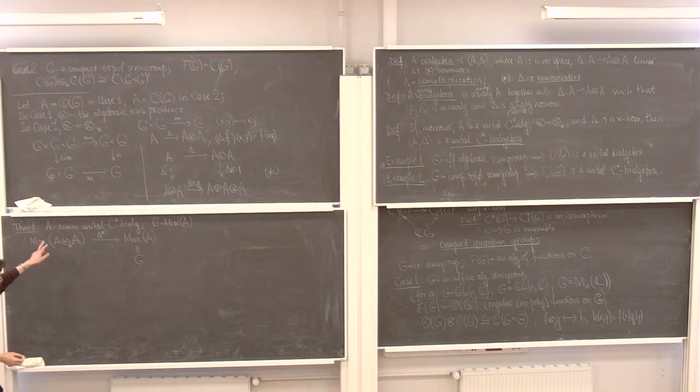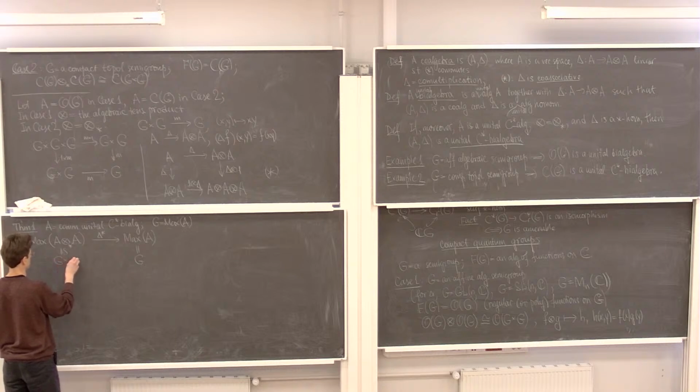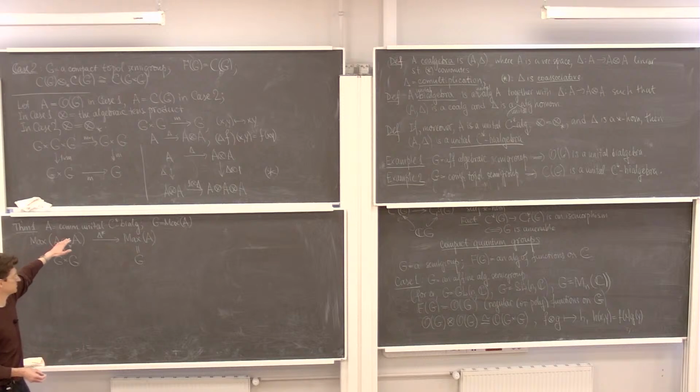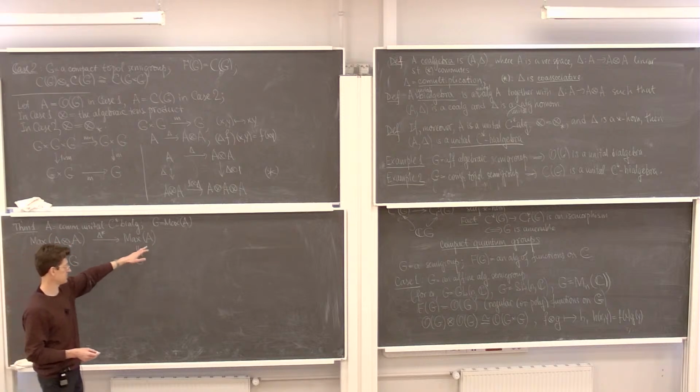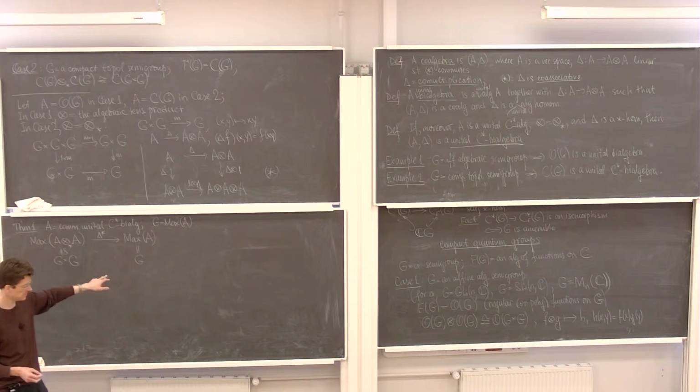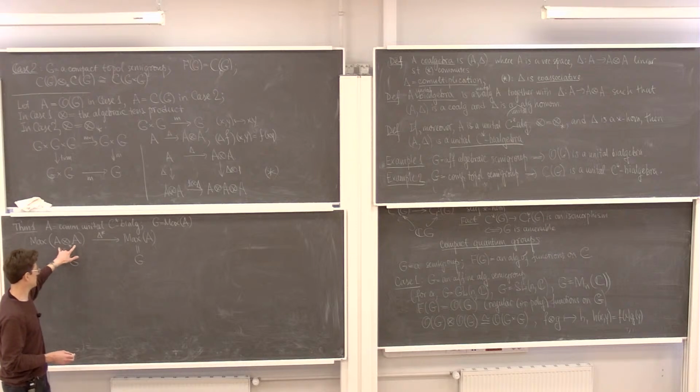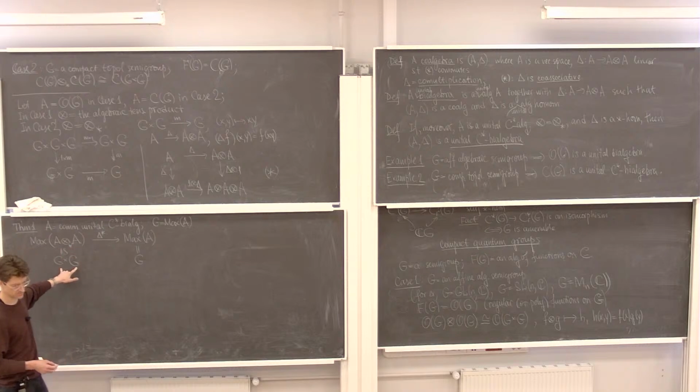And the maximal spectrum of the tensor product is actually isomorphic, more exactly homeomorphic, to G cross G. Because we know that because A is commutative and unital, it is isomorphic to C of G, the algebra of continuous functions on the spectrum. And the tensor product of two copies of the algebra of continuous functions is isomorphic to the algebra of continuous functions on the direct product.